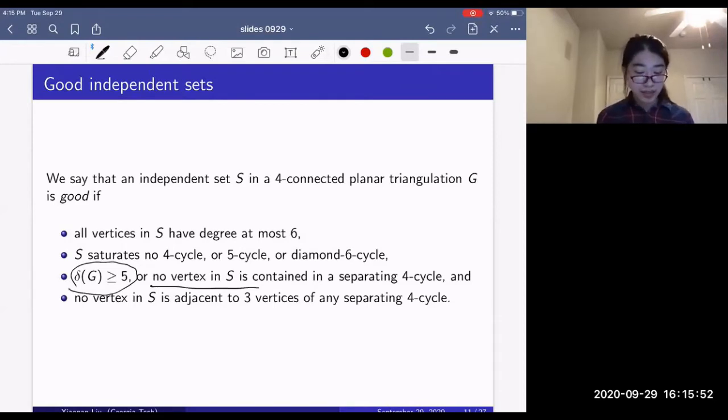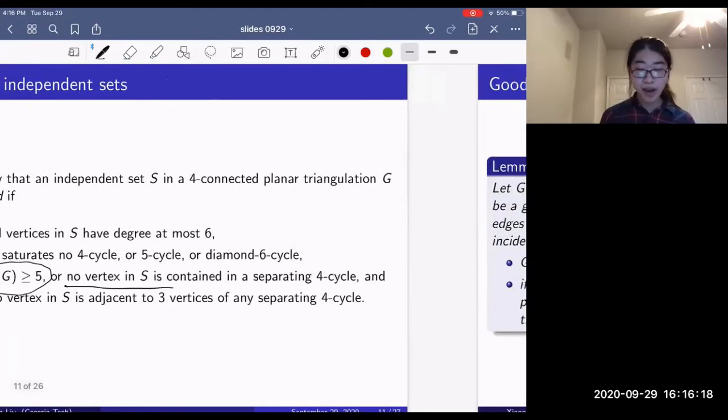The last condition is that no vertex in S is adjacent to 3 vertices of any separating 4-cycle. If it has such properties, then it's very good, because if we delete exactly 1 edge incident with each vertex in S, then G minus F is 4-connected. So we have this lemma.